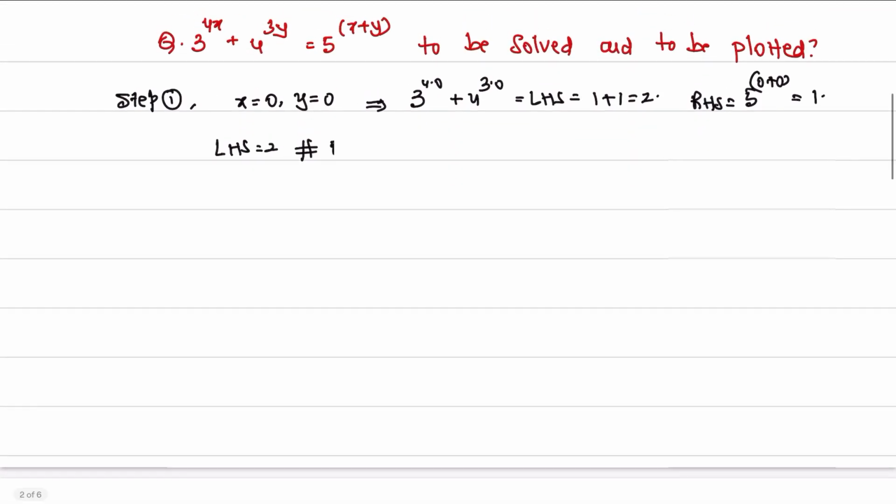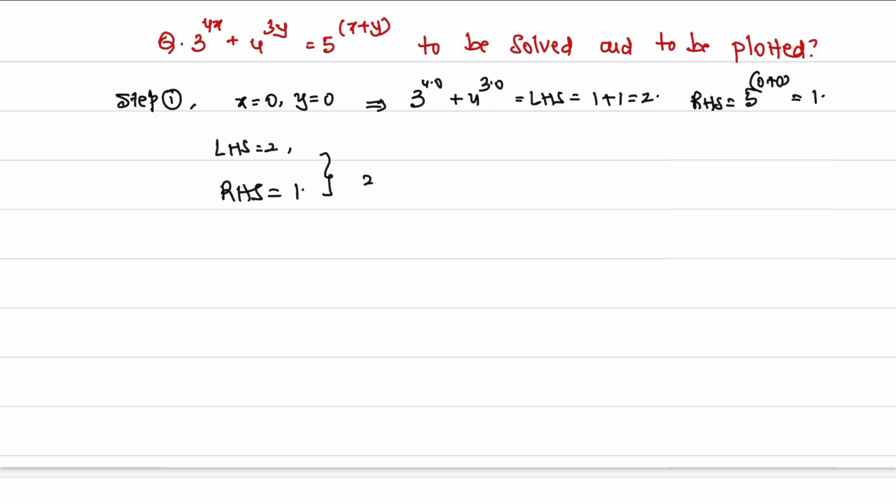It's not equal to the right hand side. Right hand side is equal to 1.